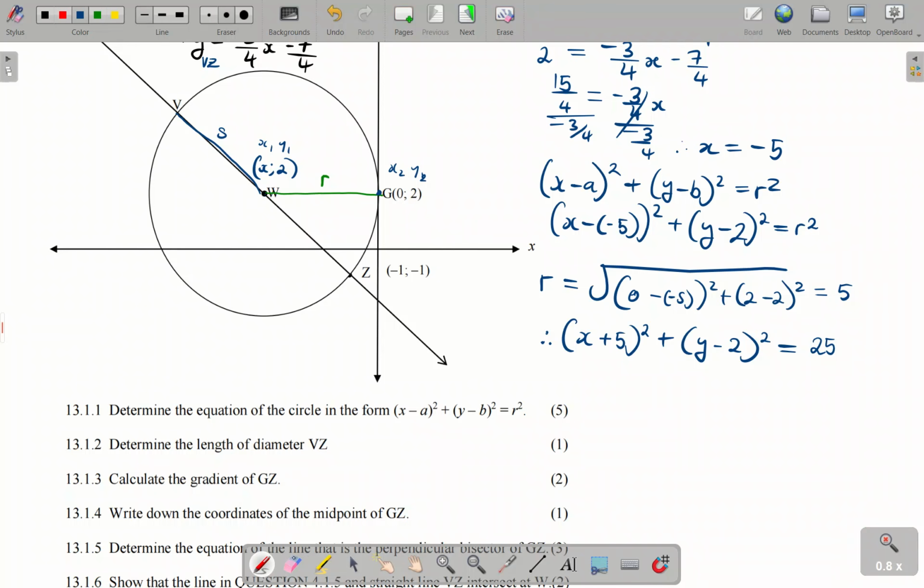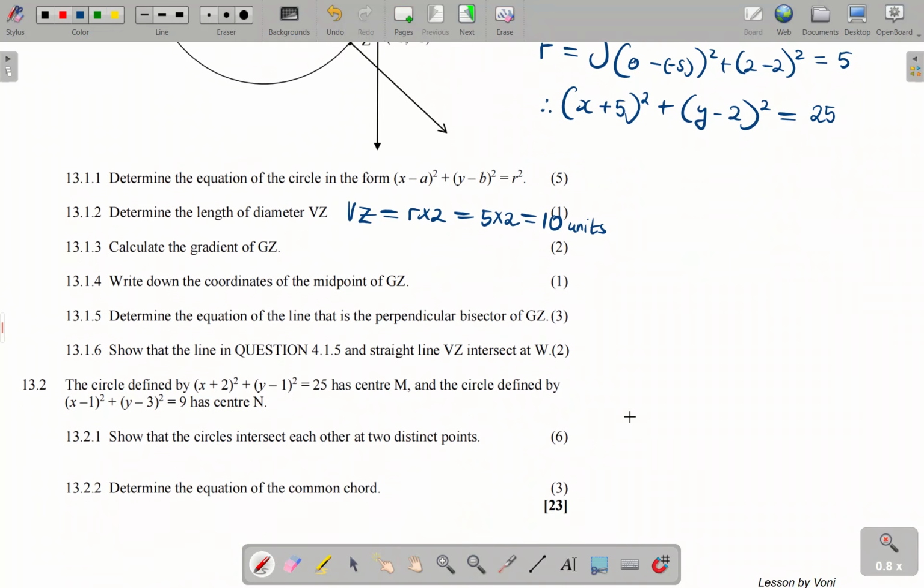So that's the radius again plus the radius, so VZ is the radius multiplied by 2, which gives the diameter. The radius is 5 multiplied by 2. This will give you 10. So you can say 10 units.